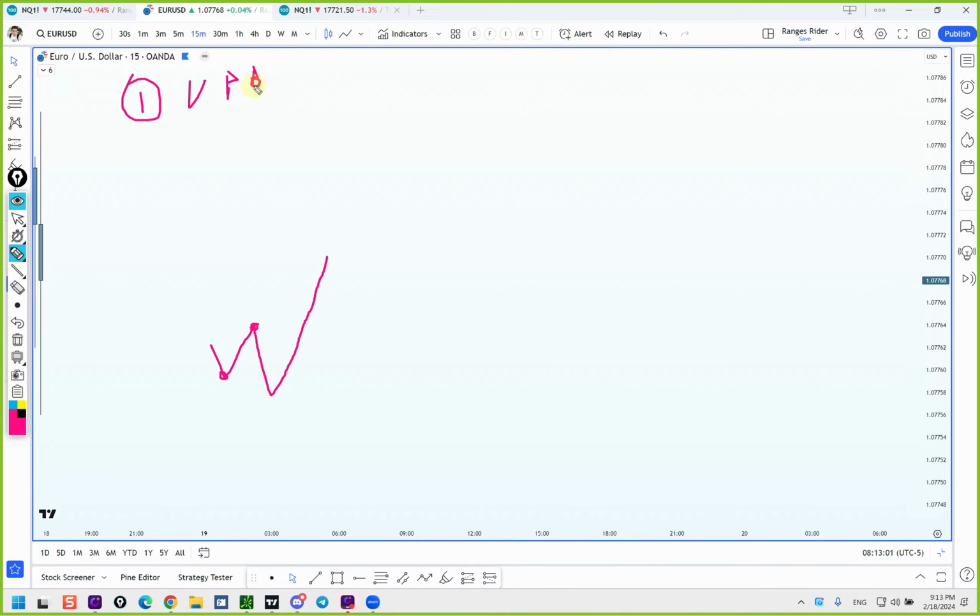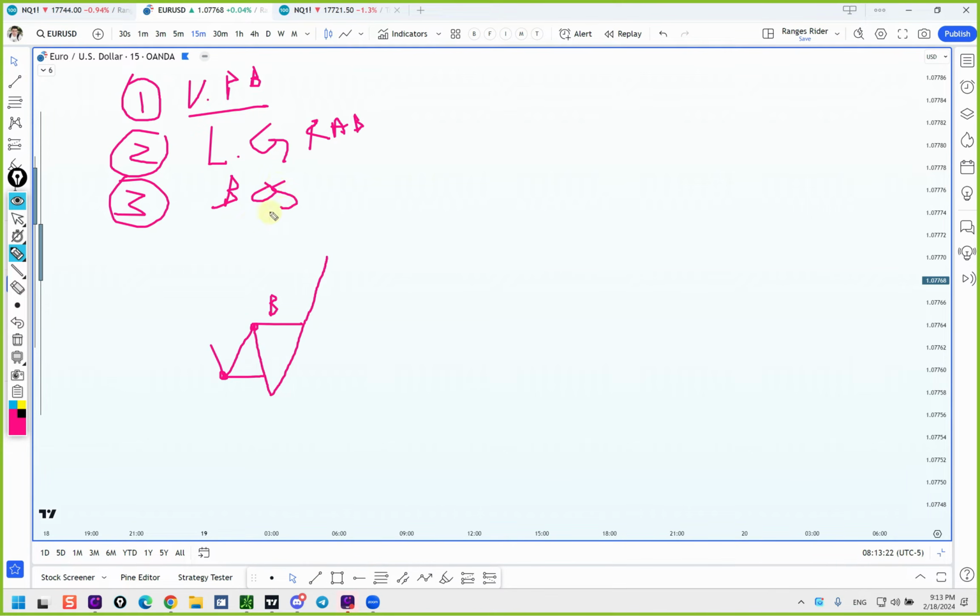This is question number one, and we will discuss it. Number two, we are looking for the liquidity grab. Once we have the liquidity grab, the third element is the break of structure here. So these three elements create one QM.